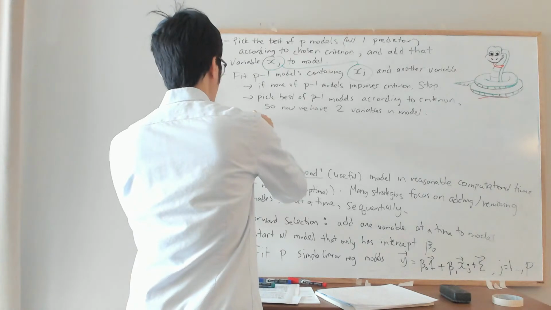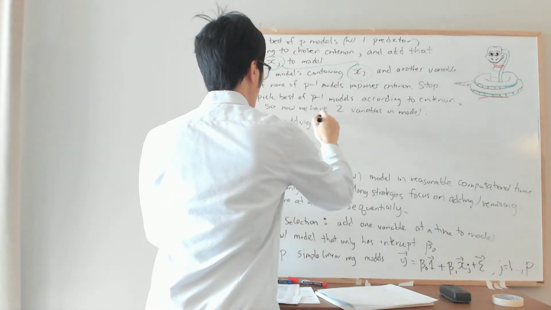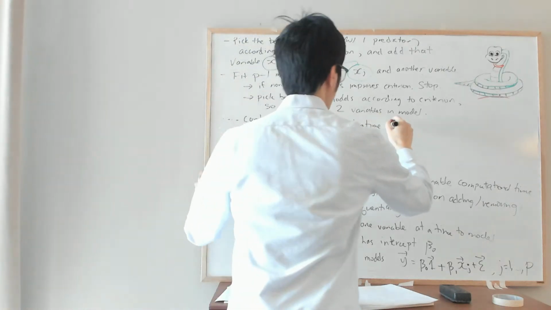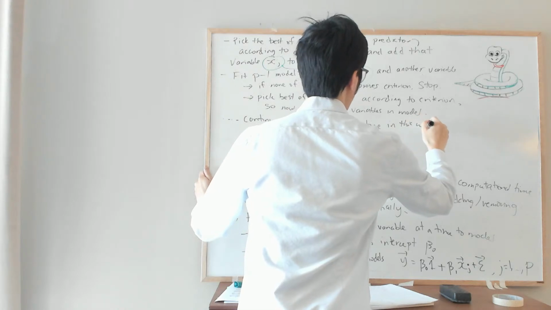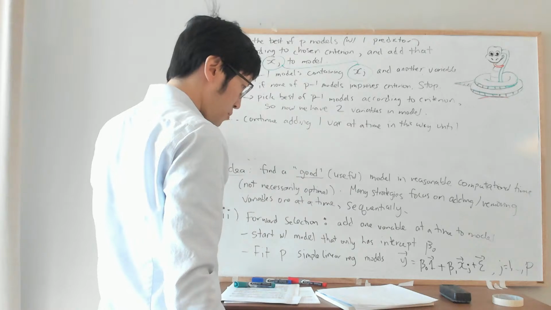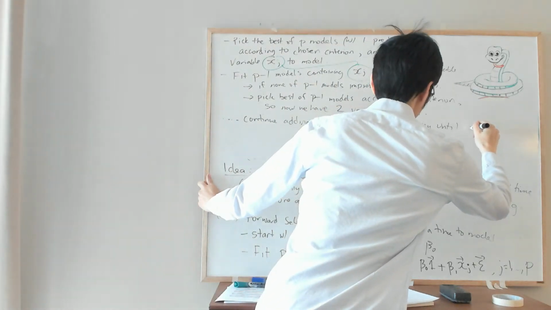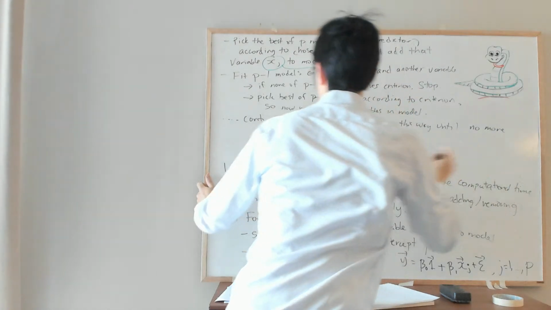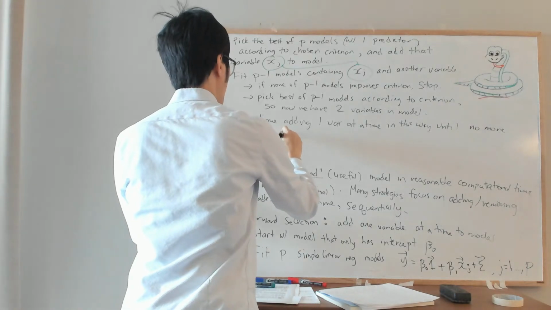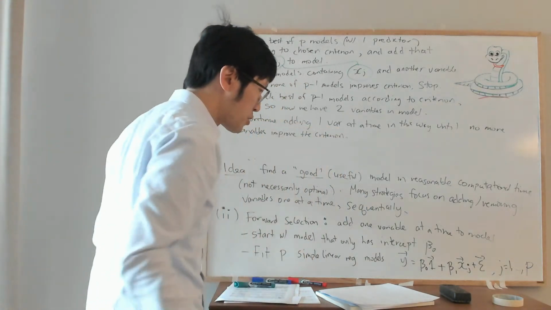So continue adding one variable at a time in this way until we can no longer improve the criterion, until no more variables improve the criterion, and then we stop.